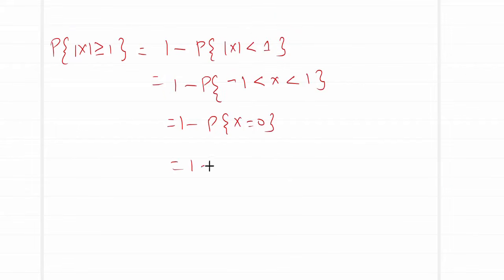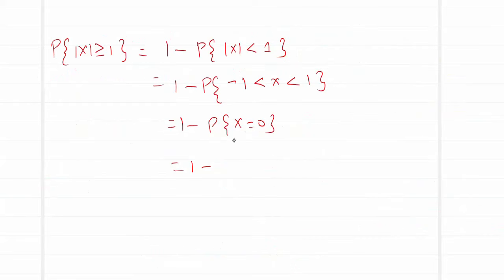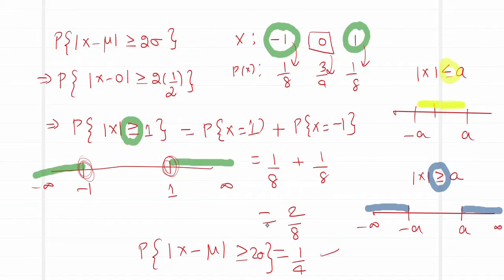What is probability of X equal to 0? It is going to be 3 by 4. So if I substitute the value as 3 by 4, you have the answer as 1 by 4. So either you can work it out in this way, taking the complement of the event, or you can work it out using the direct method and get your answer. Thank you.